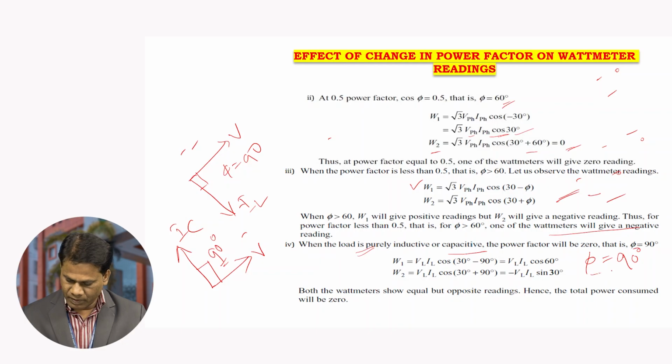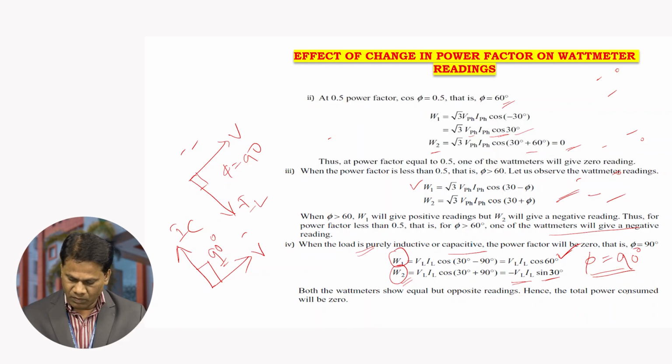If you are substituting phi equal to 90 degrees in the W1 reading of wattmeter 1, we are getting VL cos 60. If you are substituting phi equal to 90 degrees in the W2 reading, we get minus VL sin 30. Here we can observe the wattmeters show equal but opposite readings.